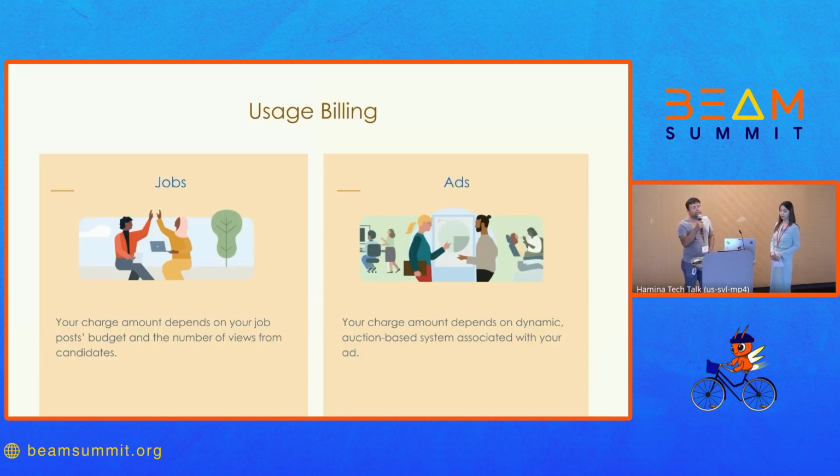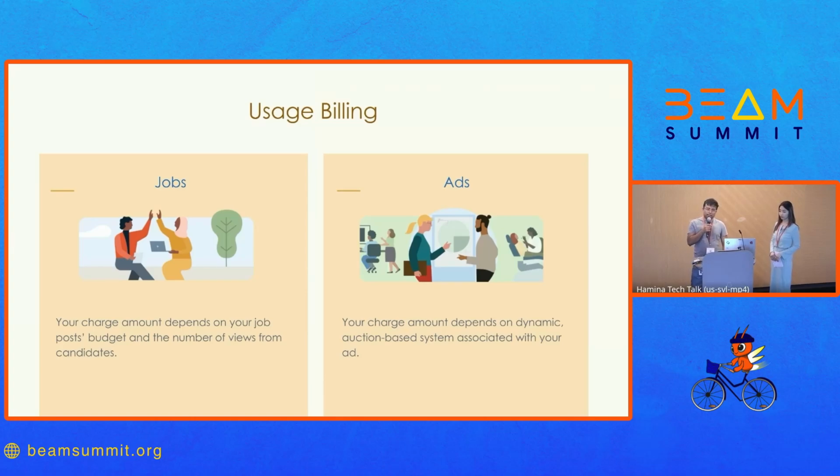So usage billing at LinkedIn is predominantly two big use cases. One of them is jobs and another is ads. Jobs is when you post a job, you get clicks, you get impressions, you get applications, and you want to make sure you charge the company which is posting the job based on these impressions. It's a streaming list of usages which we get.